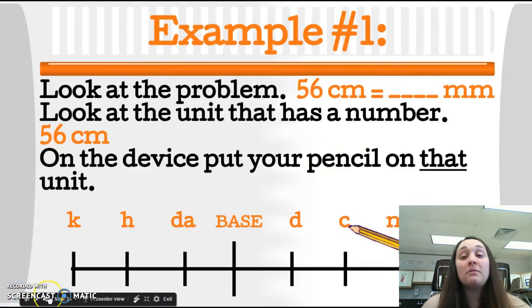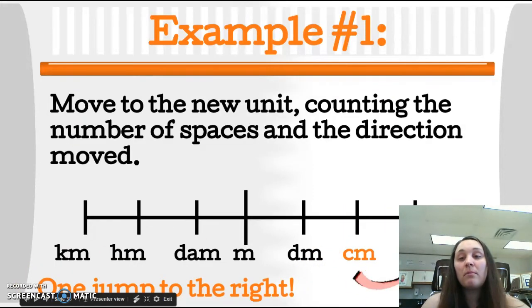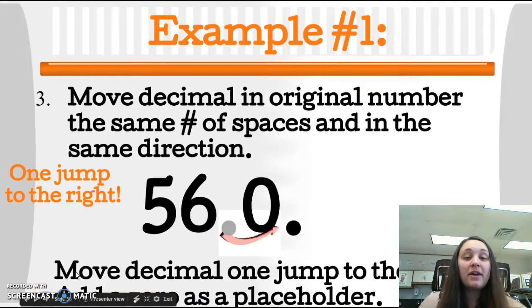So 56 centimeters, how many millimeters is that? So we want to go to centi, and then we want to go to milli, which is going to be over here. So we move our pencil one space, so we go one jump to the right. So that means that in our original number, which was 56, we're going to take the decimal and go one jump to the right.